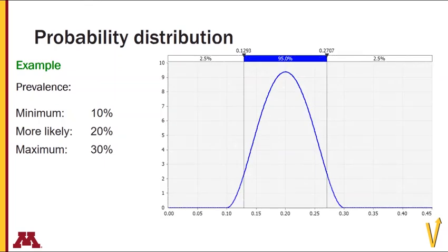So this allows us to produce this type of probability distribution, where 100% of possible results are included between 10 and 30%. But not all of them have the same probability. And 20% is the most probable outcome.